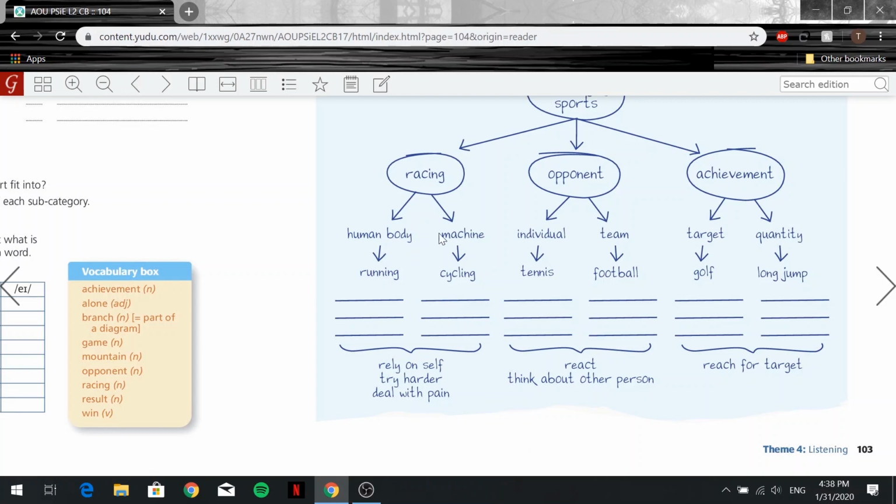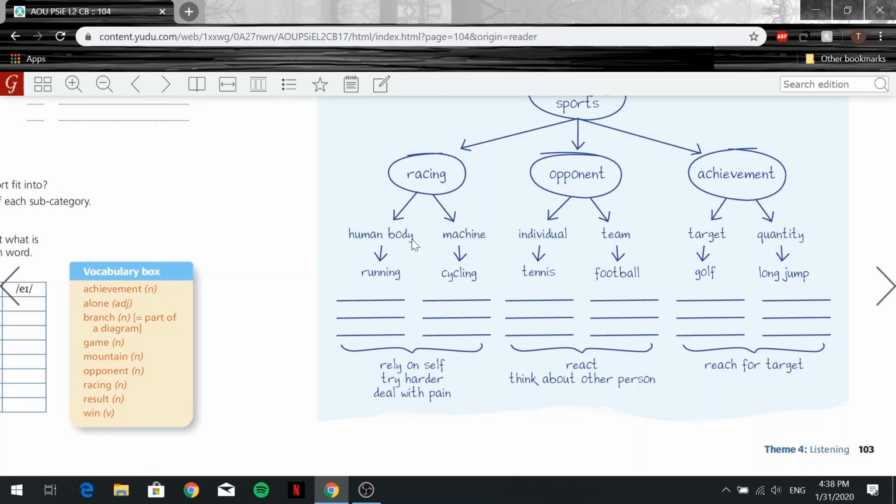Now let's move on to opponent. Actually, before we move on, you got to understand that when I'm talking about racing, these are 3 important points that you should know, is that you rely on yourself, you try harder, and you also have to deal with pain in human body racing and machine racing as well. Okay?